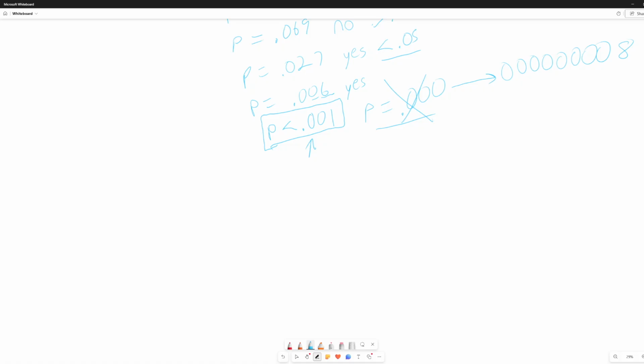So I also want to talk about the language that we use. So we either reject the null hypothesis, or we say fail to reject. This is the two types of language that we use.